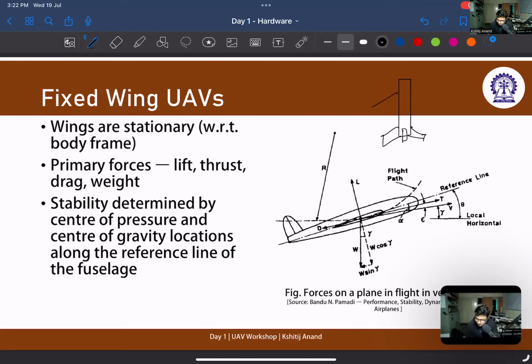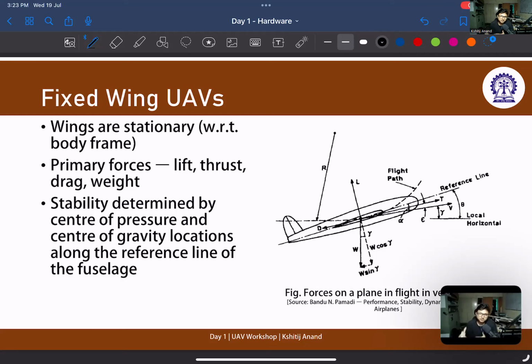The origin is at the center of gravity. We have one axis going this side, one axis going this side, and one axis going below. This is how we take the reference frame of the aircraft, and this is called the body fixed frame. Whatever moving or stationary I'm talking about will be with respect to this body fixed frame.